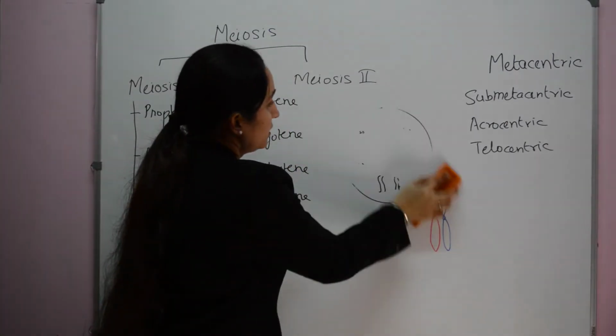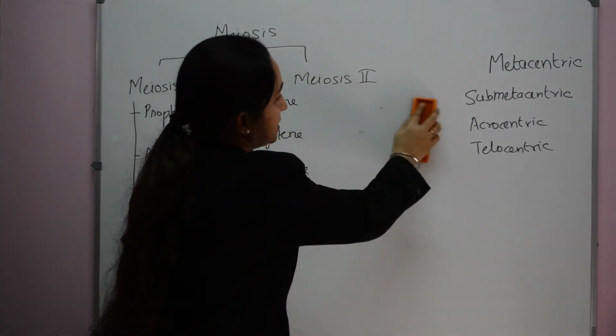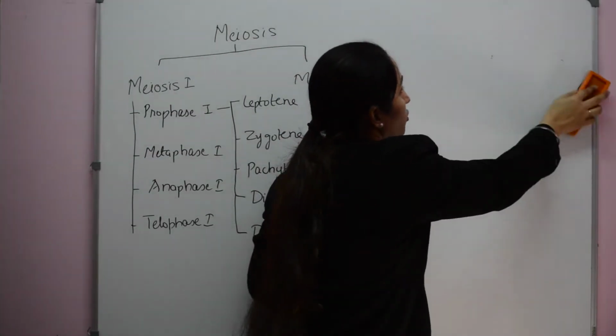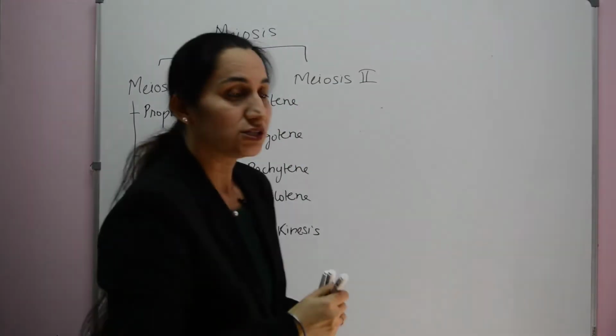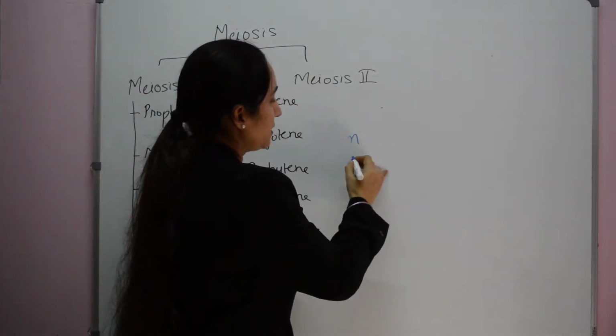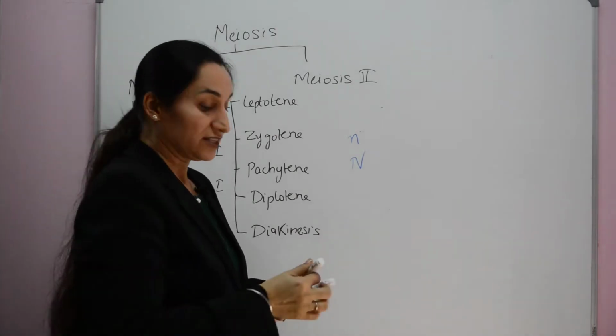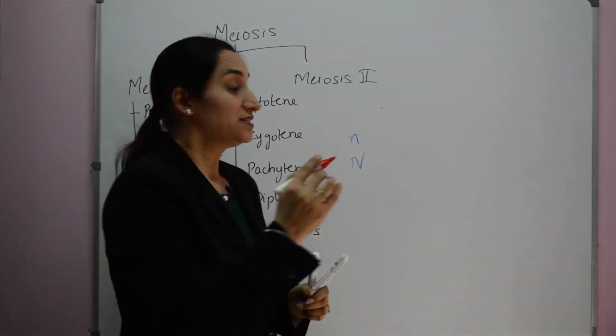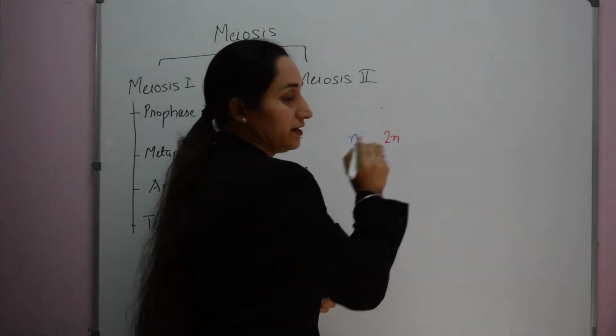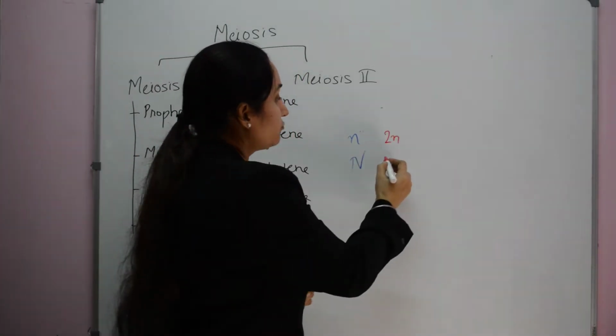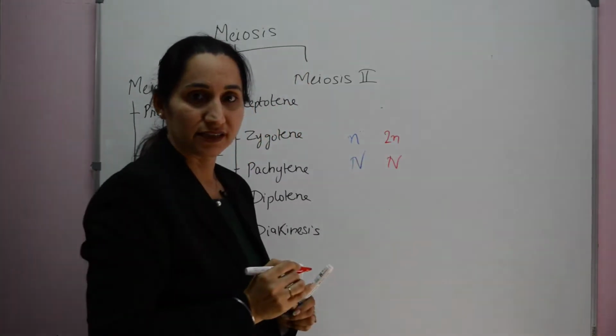Now let us move to the next concept, that is what is the difference between small n and capital N. Difference between small n, as we say, if a cell is diploid, we say it's 2n, right? Then what will be the number of n in that cell?